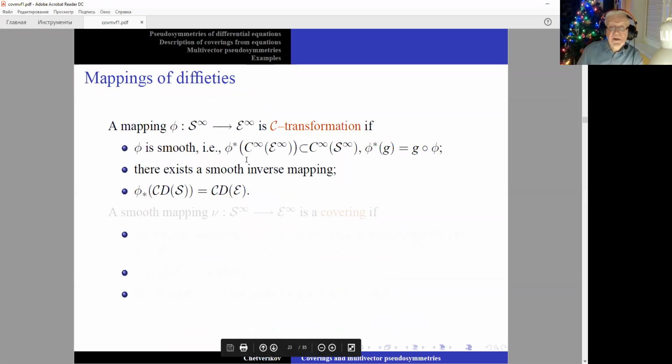A mapping from the infinite prolongation of system S to the infinite prolongation of system E is a C transformation if three conditions hold.